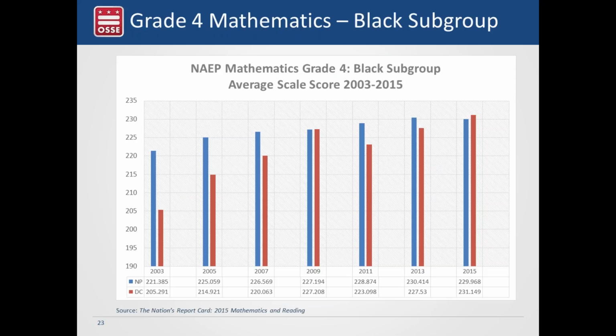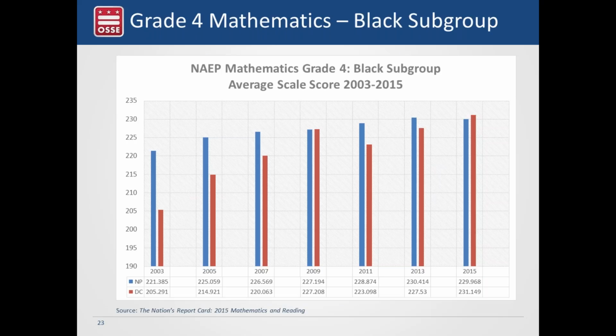As NAEP reports on various subgroups, we are able to get a picture of how DC students compare with their peers in those various subgroups. The next several slides will look at 4th grade math and reading for the Black subgroup and the Hispanic subgroup.